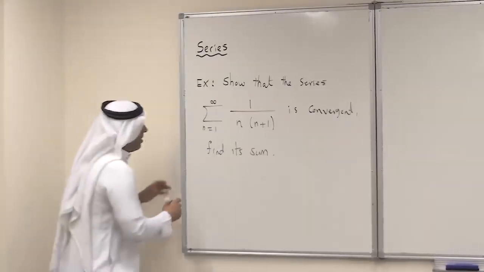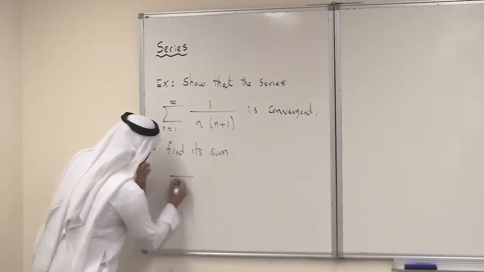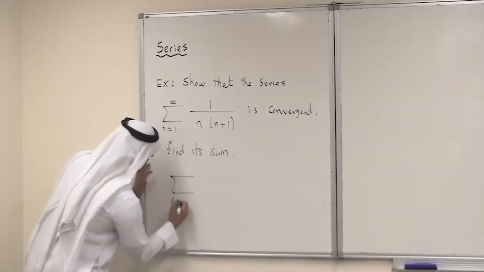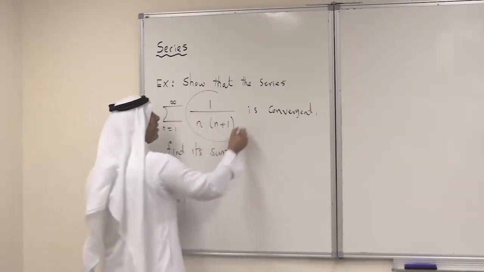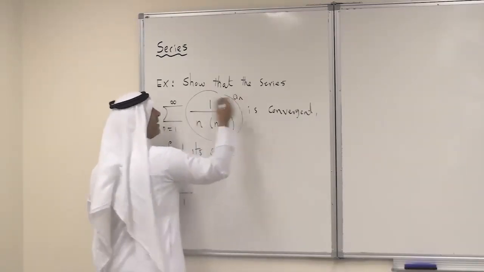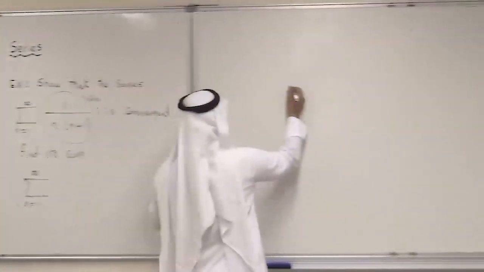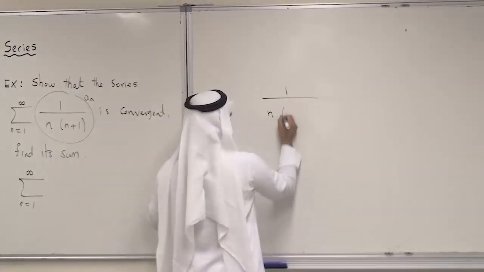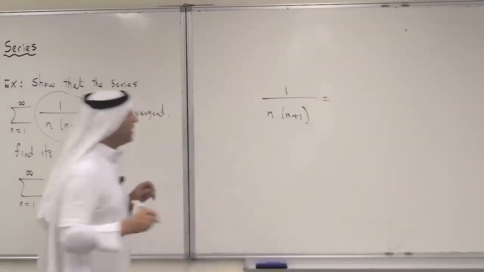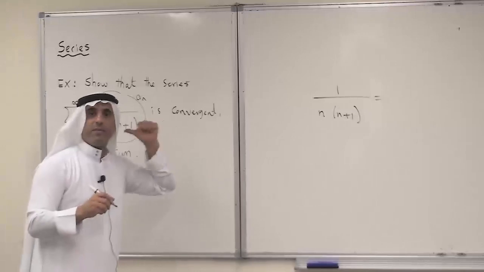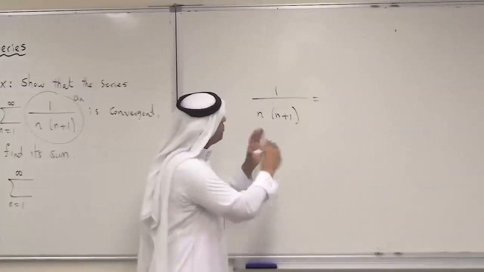Fine. Let us look at this series from another angle. We have here n equal to 1 up to infinity, and all of this is called a_n, right? This is our a_n. So I will try to rewrite this a_n, 1 over n times (n plus 1), in a different form only. I will use the previous discussion we made in integration by partial fractions to decompose this fraction into two fractions.